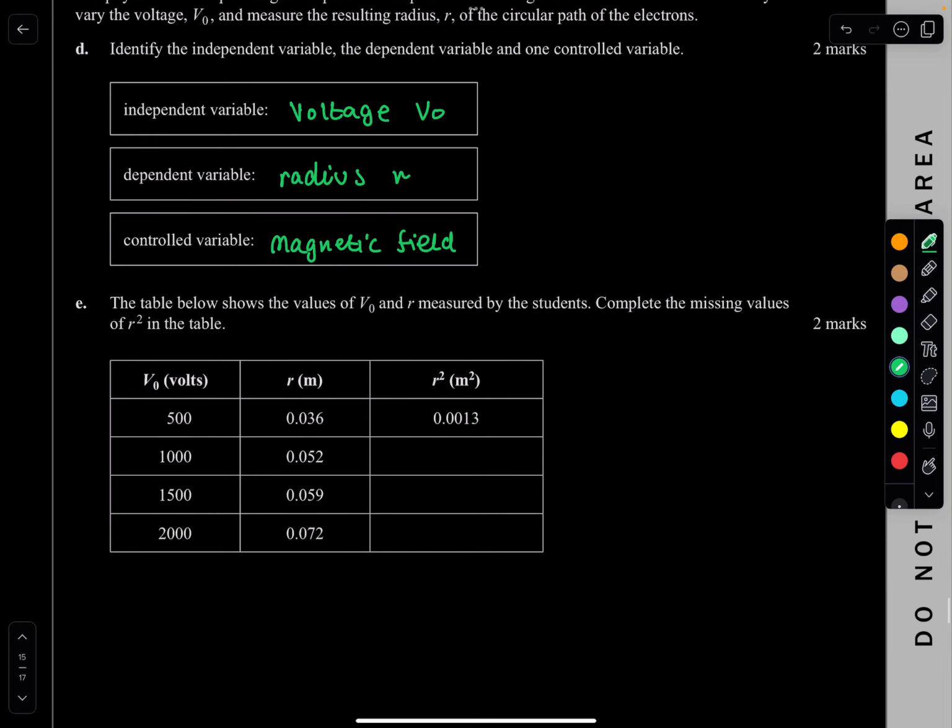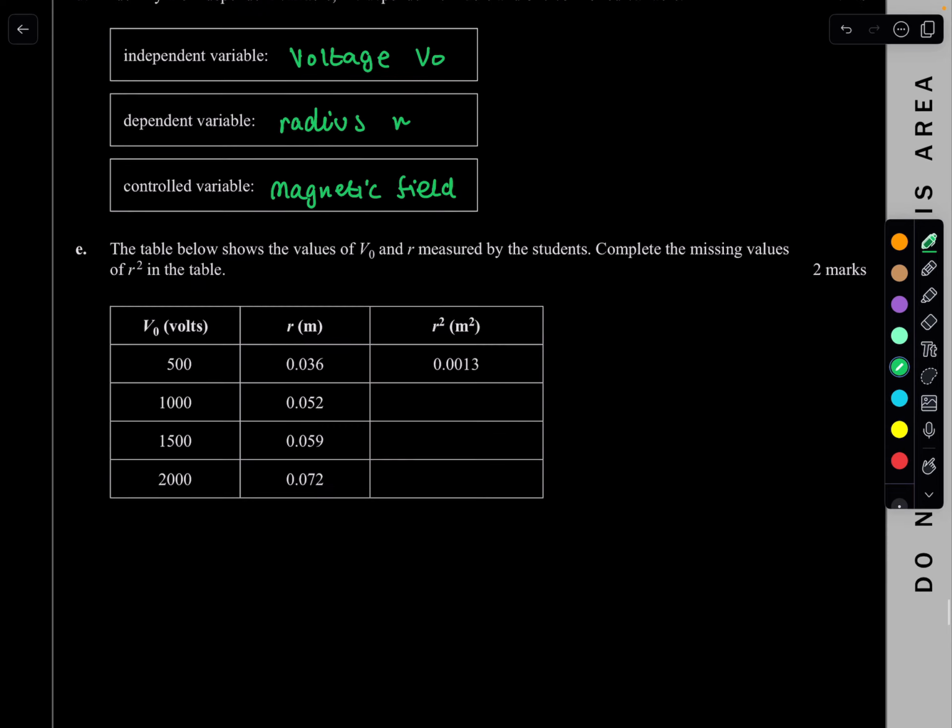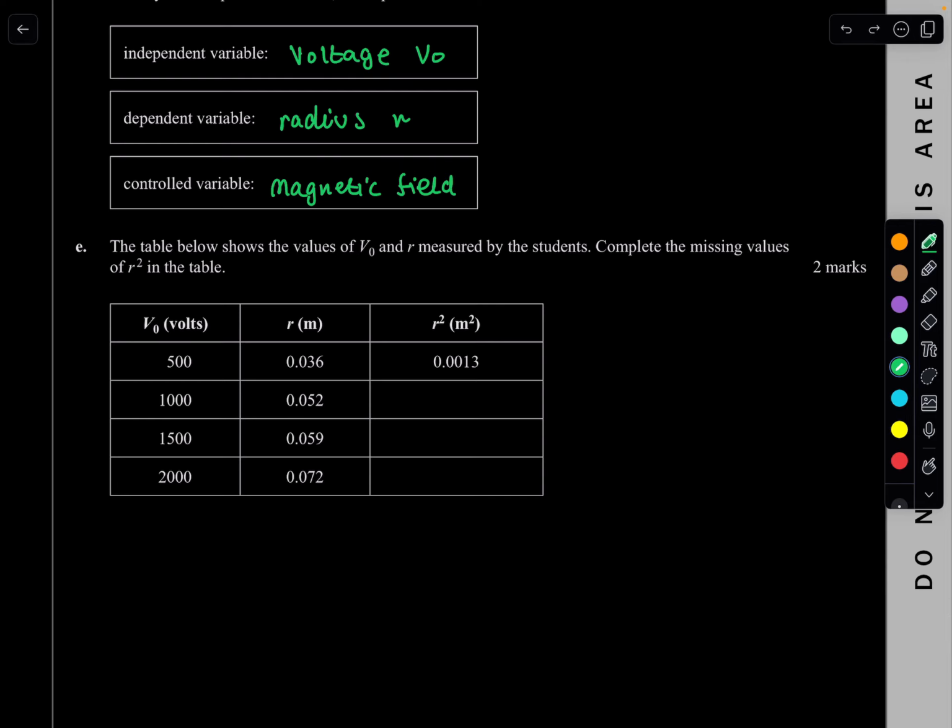The table below shows the values of the voltage and the R measured by students. Complete the missing values. All right, all we need to basically do is square these radiuses. So let's do this one first. 0.052 squared basically gives me 0.0027.